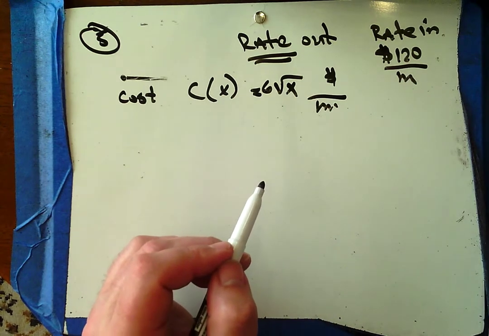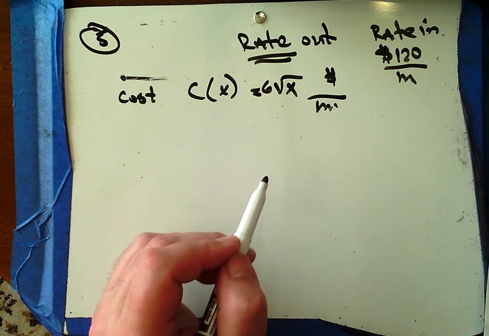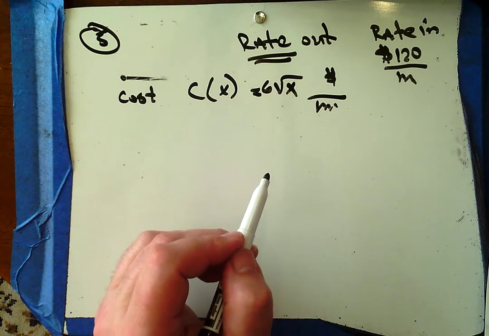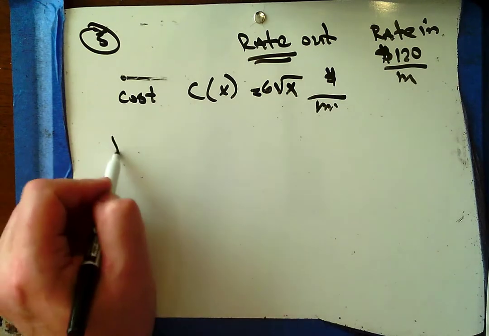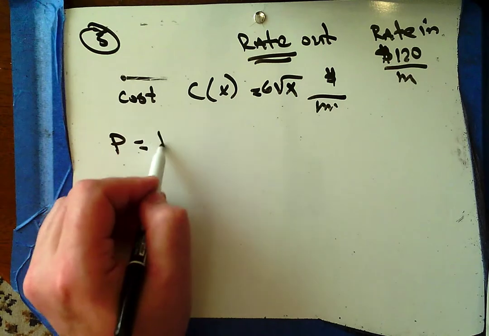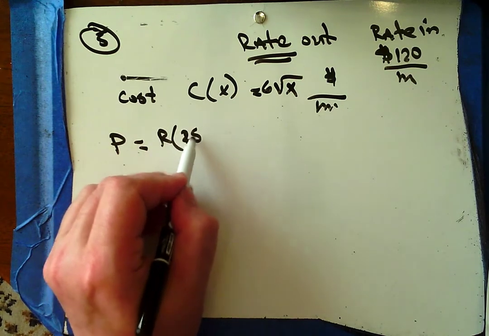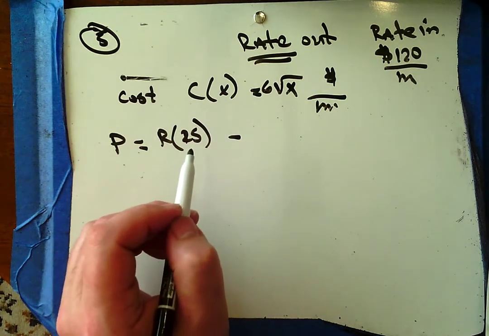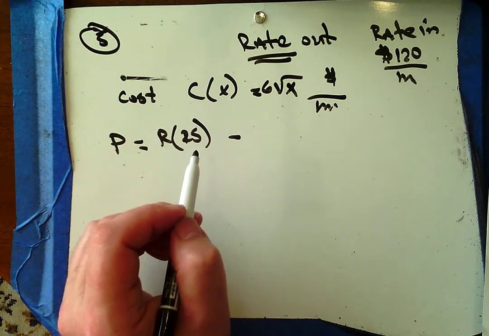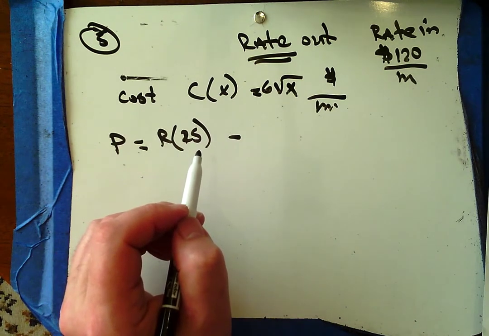Okay, so find the profit on the sale of a 25-meter cable. Well, profit equals rate in, the revenue, of 25 minus, I'm sorry, I'm looking for profit.